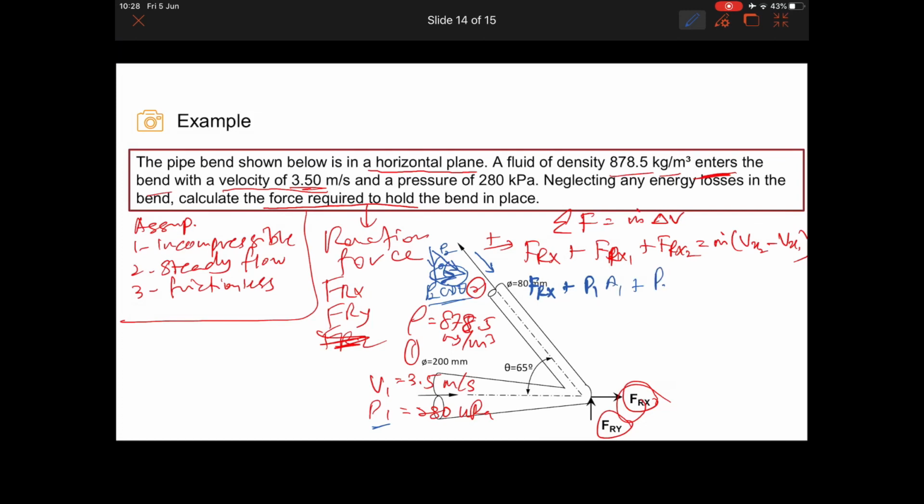So P2 cos theta times the area at point 2, equal to m dot Vx at point 2.